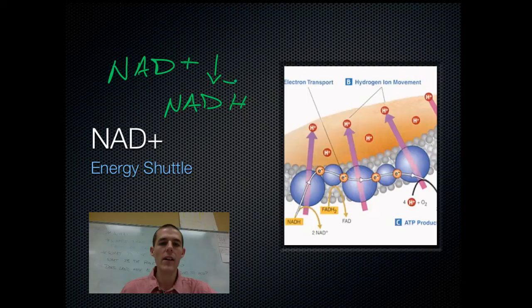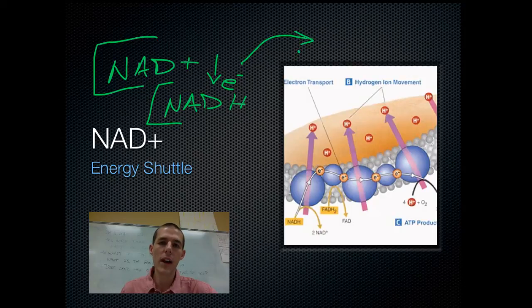He is now carrying an extra electron, kind of like a taxi. So right here, the taxi is empty. In the process of glycolysis, he is going to pick up an electron that has been stripped off of our glucose, and he is going to carry that electron down the chain where it is going to be used to produce ATP, and we'll talk about that process in a later video.